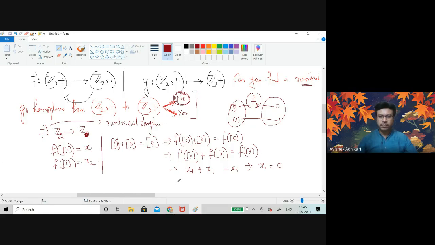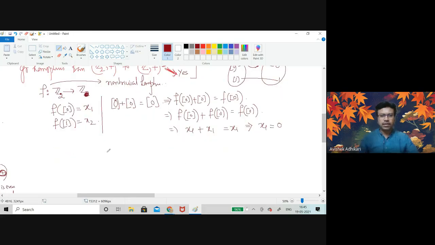Now we also know that 1 plus 1 gives you class 0. That is, f of class 1 plus f of class 1 equals f of class 0.